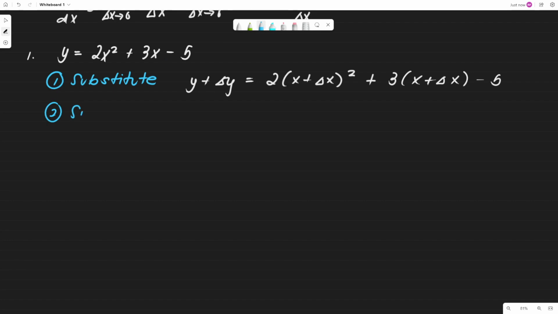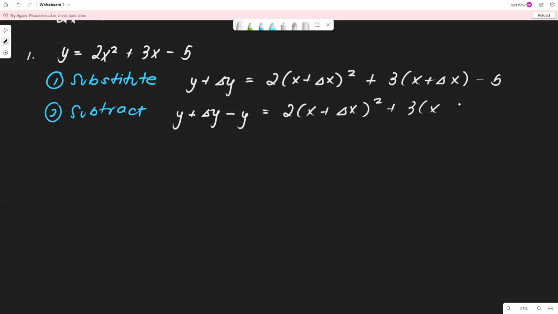Okay, so napalitan na natin. Second step, no? So what are we going to do? Subtract. So let us subtract the original function from both sides. We have y plus delta y minus y is equal to 2 times x plus delta x squared plus 3 times x plus delta x minus 5 minus yung original function natin.